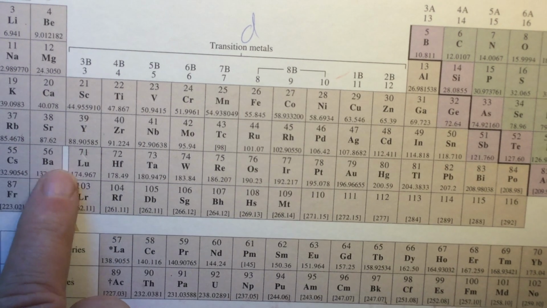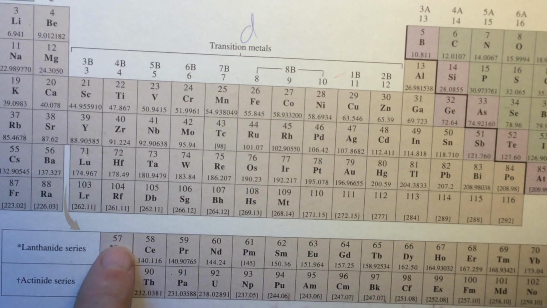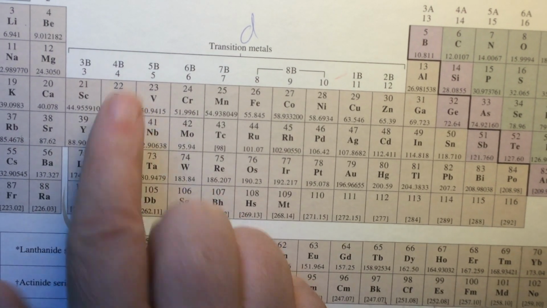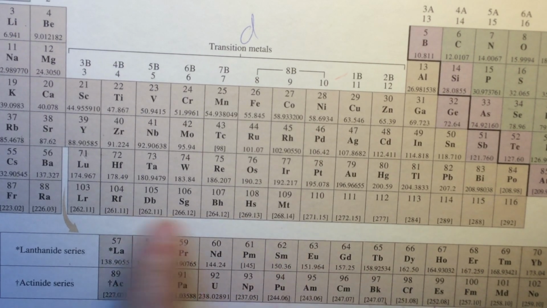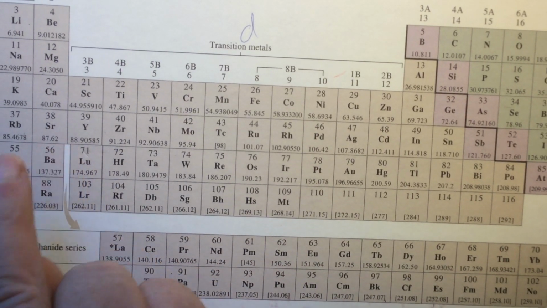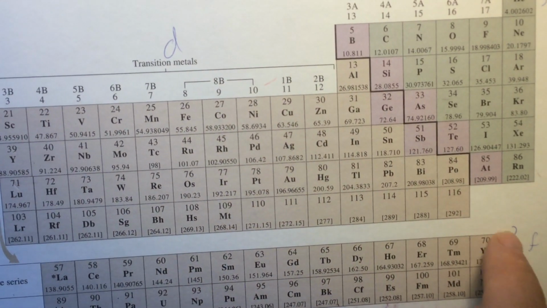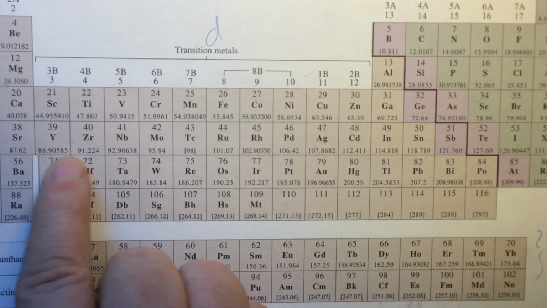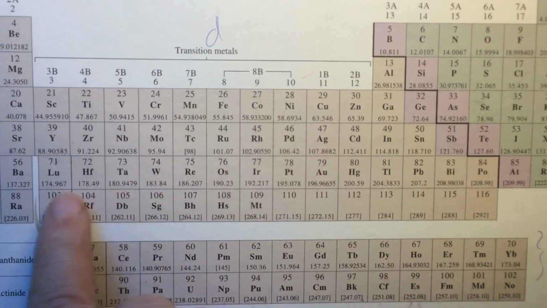So 57 is after barium, that's 6s1, 6s2, 4f1. So the d's are 1 off, and the f's are 2 off. These f's fit in this little crack, so it's actually three-dimensional. It comes out and back in, and then this last one here is one of the d's. So you have the f's first and then the d's.